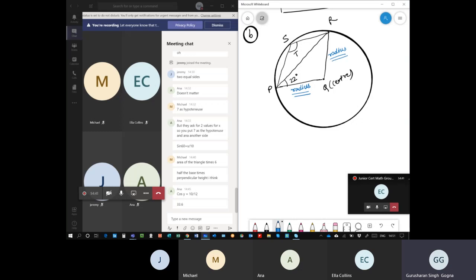Doesn't matter which point you are connecting. If these two radii are equal, it means in this triangle these two sides are equal. And there is a very important property in geometry or in a triangle that angles opposite to the equal sides are also equal.